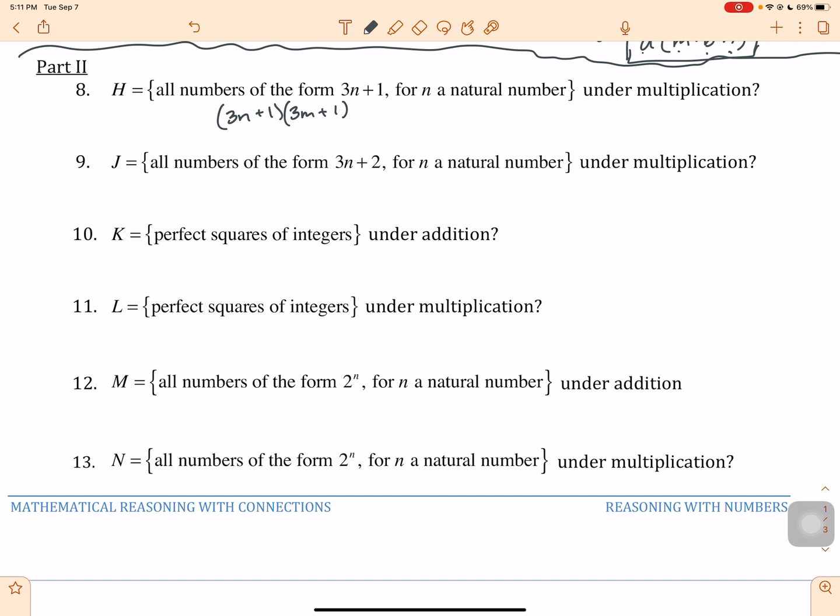So if we multiply those 2 together, I'm just going to use distributive properties. So we get 9mn plus 3n plus 3m plus 1. So if we factor out a 3, I like the plus 1 part, right, because we do have a plus 1.